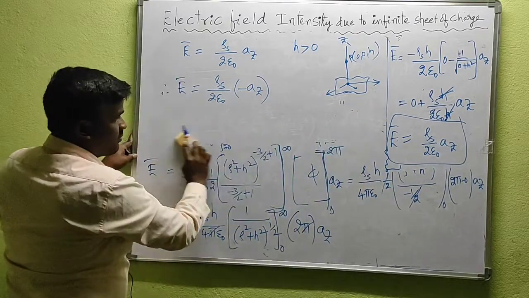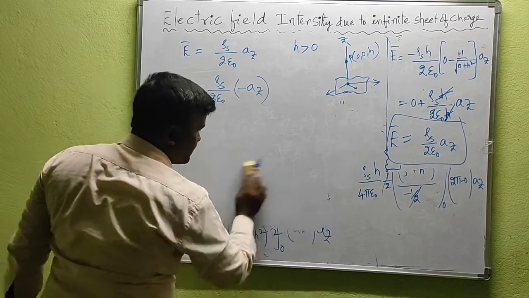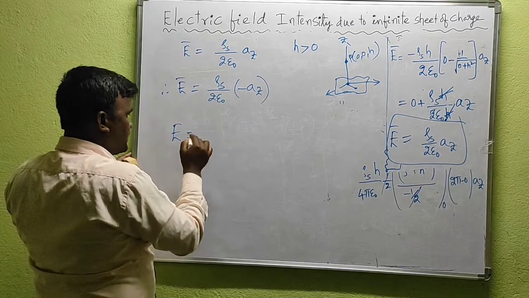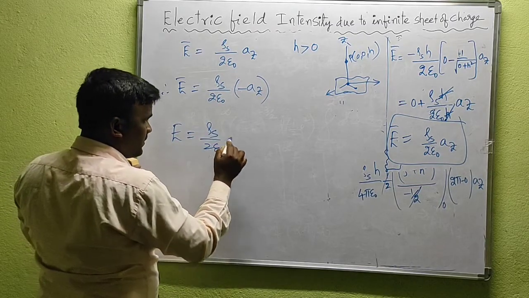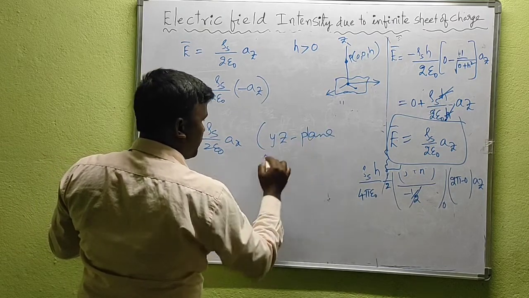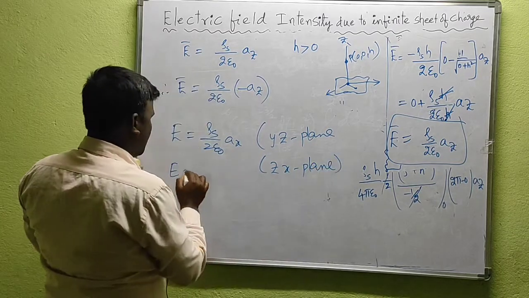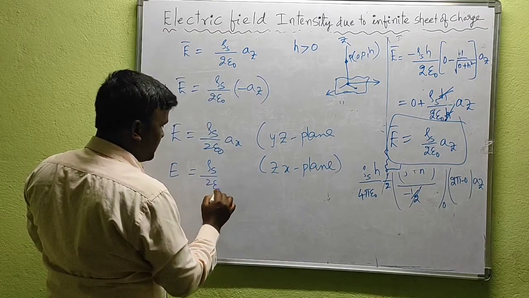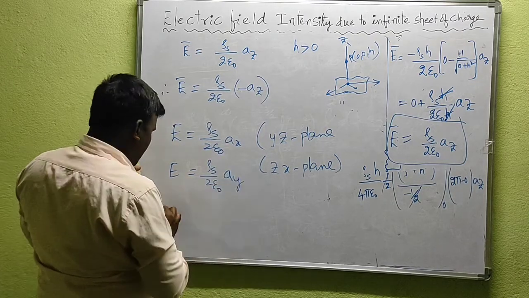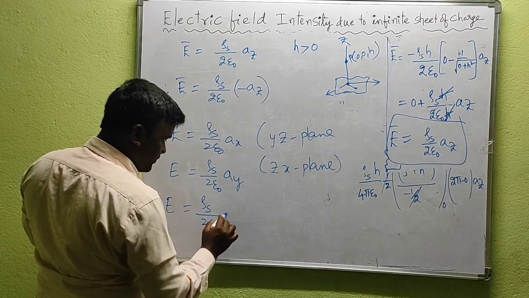So then the generalized formula: if the plane is considered the xy plane, E is along the z direction. If the sheet of charge is along the yz plane, then rho s by 2 epsilon naught ax. For the zx plane, E equal to rho s by 2 epsilon naught ay. In general, E equal to rho s by 2 epsilon naught an.